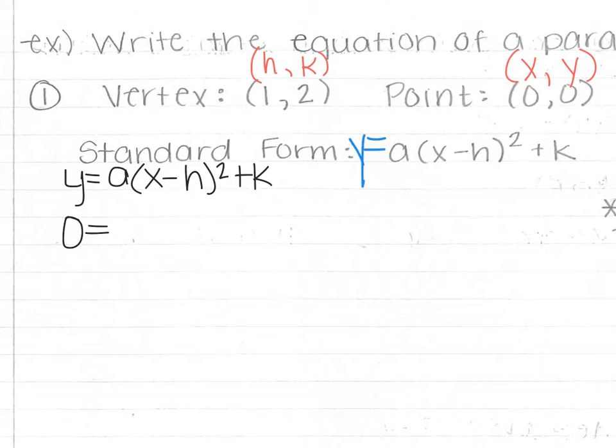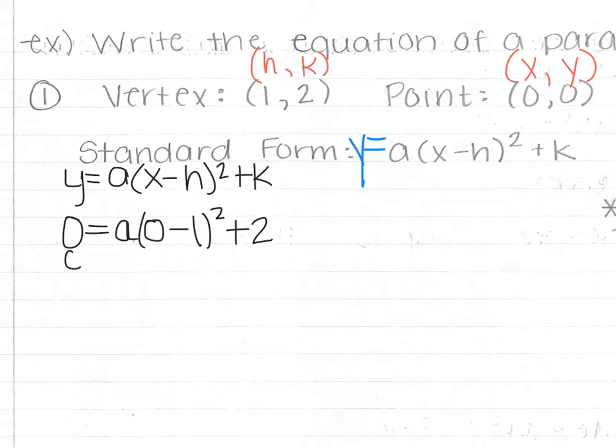We do not know a. Our x value is 0. Our h value is 1, so 0 minus 1. And our k value is 2. So we can go ahead and solve this for a.